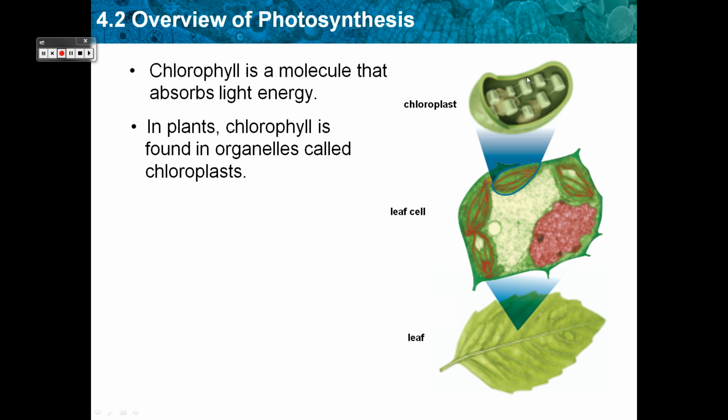We'll talk about the names of the various things inside the chloroplast in a second. But the reason that these green penny-looking things are green is because the membrane has chlorophyll, a pigment that picks up the light energy from the sun or whatever light is available. Okay, and so this is called the chloroplast.